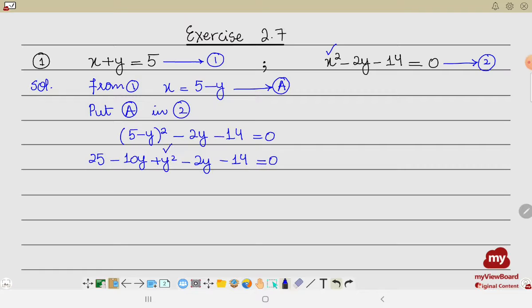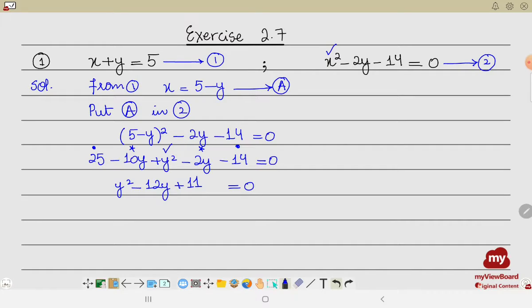First y square, and then 10y and 2y are like terms, so we'll add them: minus 10 minus 2 becomes minus 12y. And then 25 and 14 are constants, so we'll solve them. 25 minus 14 is plus 11, that is equal to 0.